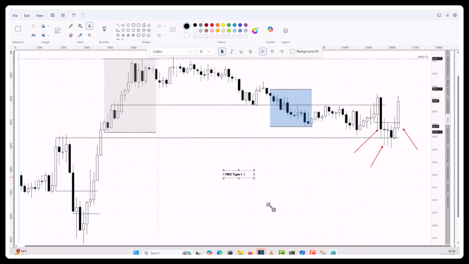We don't know how to call it right now, just leave it there. We just know that you can call it a reversal, either way, or continuation.